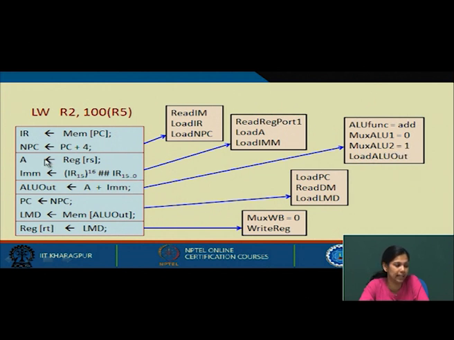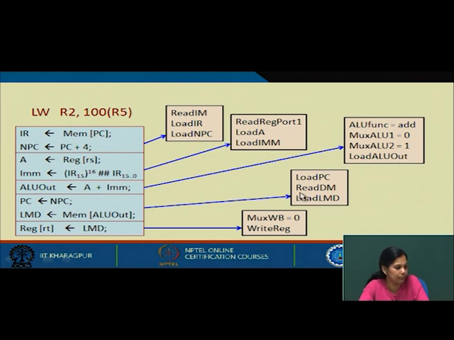Earlier when it was A and B, the mux ALU1 was 0 and mux ALU2 was also 0, but now it will be the immediate value. So in this case mux ALU2 will be 1, the next value will get selected depending on the mux select line, and then we load ALU out. So this will be added and loaded in ALU out.